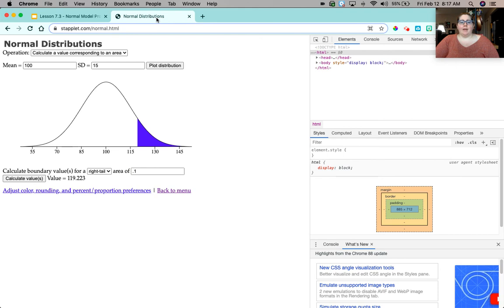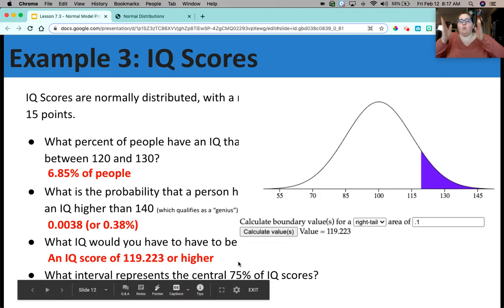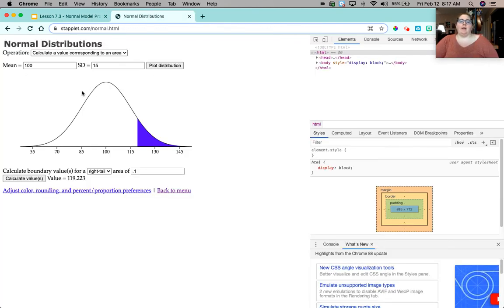So the way I do this on my calculator, I'm still calculating a value because I have a percentage and I want to know what the values are that lead to that percentage. And then I want this time the central, and then I want 75%. 75 divided by 100 is 0.75.